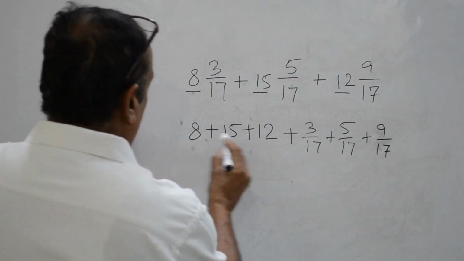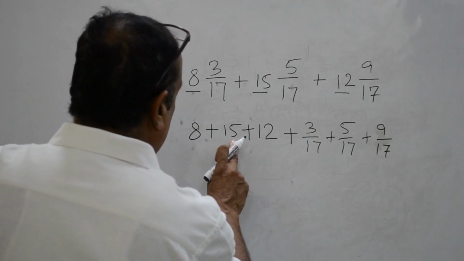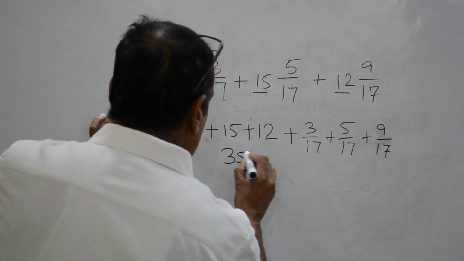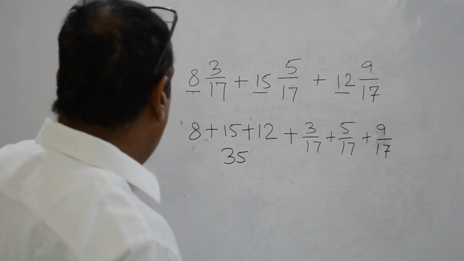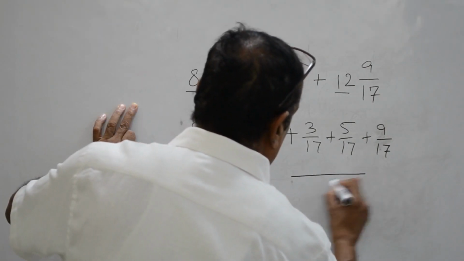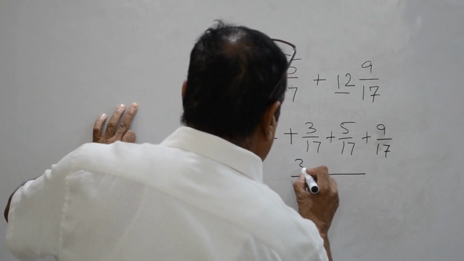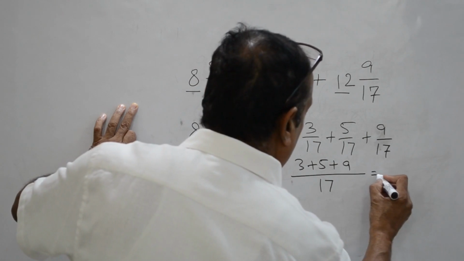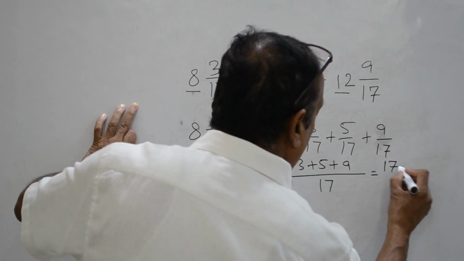So 8, 15, 23, and 12 is 35. The whole number total becomes 35 and the fractional part becomes 17 upon 17, 3 plus 5 plus 9.